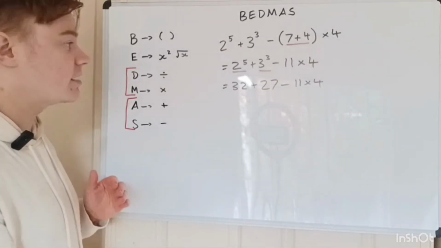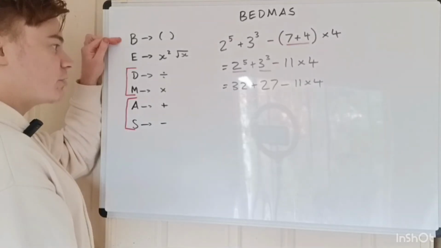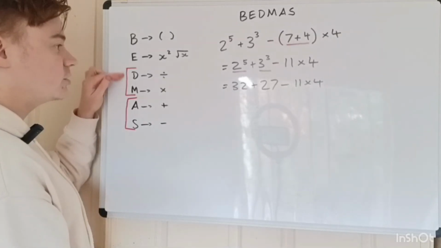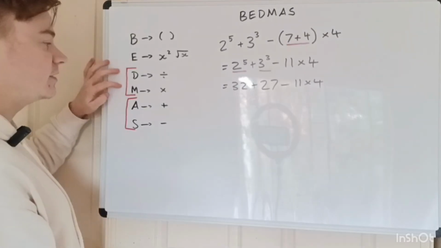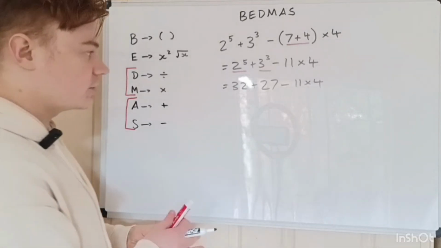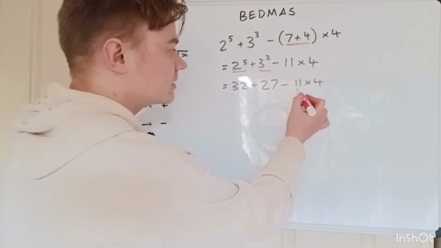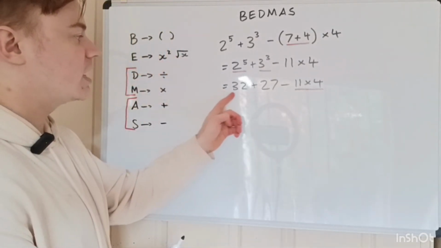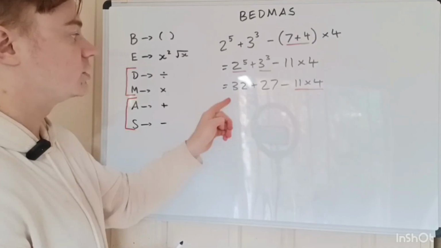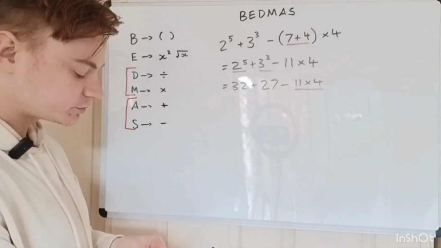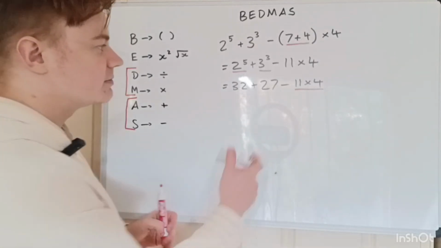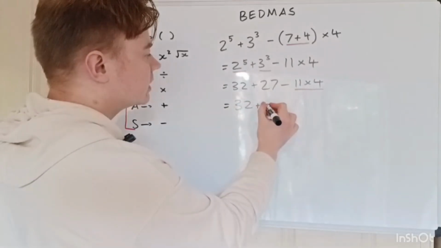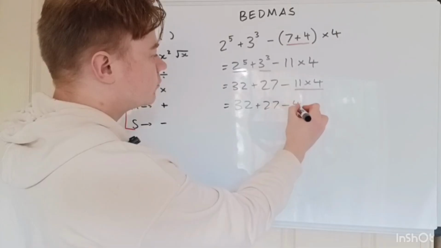So now we go down our BEDMAS line again. We've got rid of all our brackets. We've got rid of our exponents. We don't have any division, but we do have a multiplication. So we do our division and multiplication next. And this is important because this will change our answer drastically if we do this before doing our addition and subtraction. So 11 times 4 gets us to 44. So we've got 32 plus 27 minus 44.